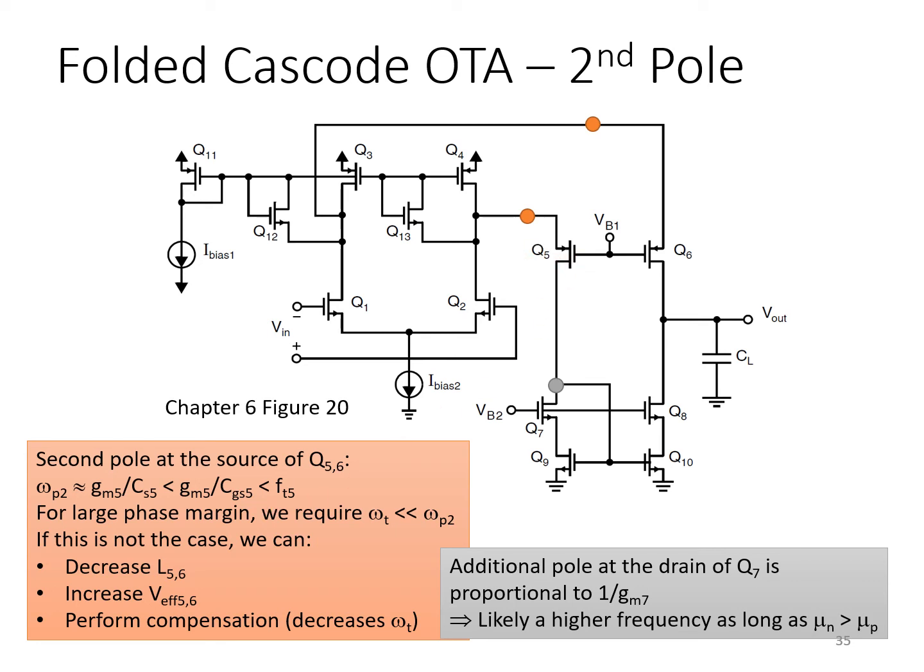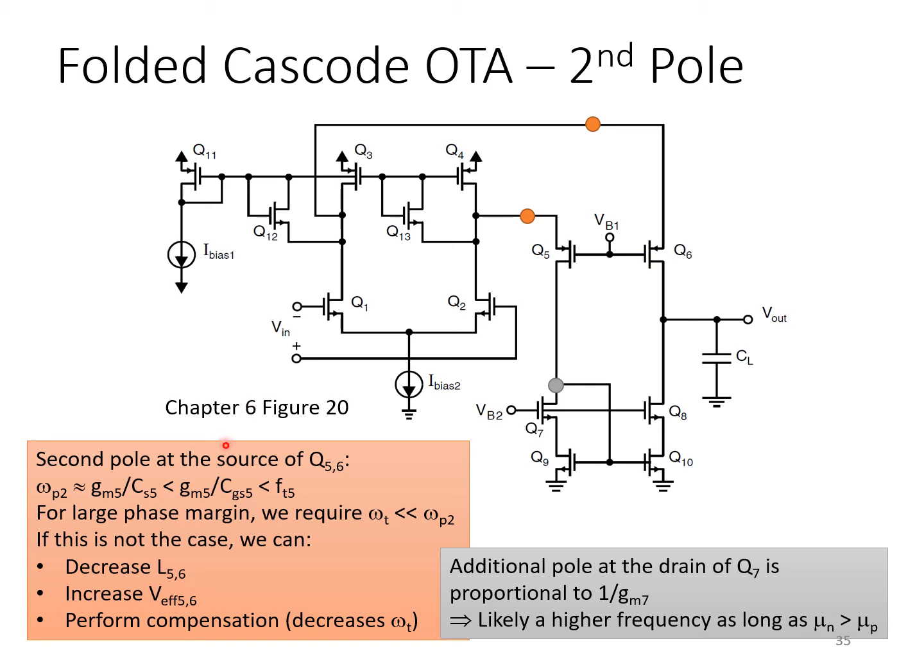So if we're interested in increasing the bandwidth of this amplifier, and we're going to be compensating it to have a specified phase margin, if this is the equivalent second pole, it means that our compensation will ultimately be limited by the fT of this transistor here, Q5, and its matched transistor Q6, of course.